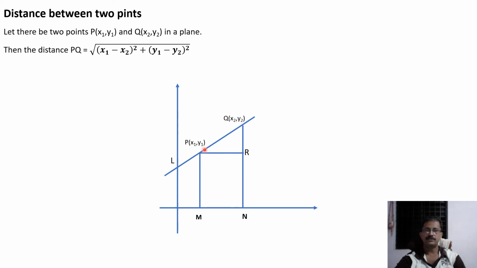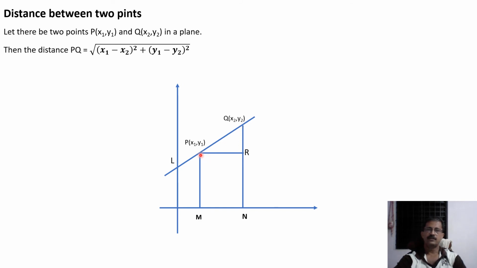We require this distance PQ. So PQ here in this figure is the hypotenuse of the right angle triangle PQR, where PR is x2 minus x1 and QR is y2 minus y1. You know Pythagoras theorem. What is PQ square?